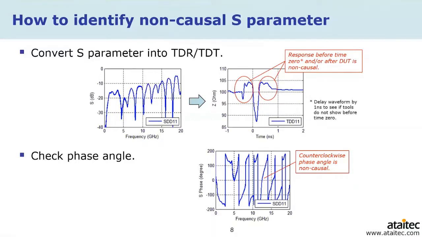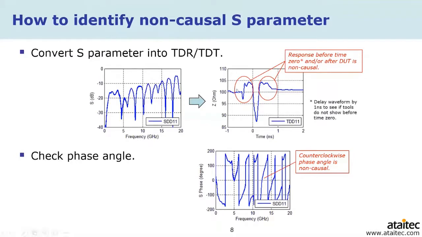It caused a lot of issues, and they began to talk about response before time zero. But we want to point out that response after DUT is also something we want to be careful about. Some people just try to zero out response before time zero and say, oh, it looks causal. But in effect, they cannot take care of the causality problem after DUT. So we want to point out that when we look at causality issues, we want to look at before and also after DUT.